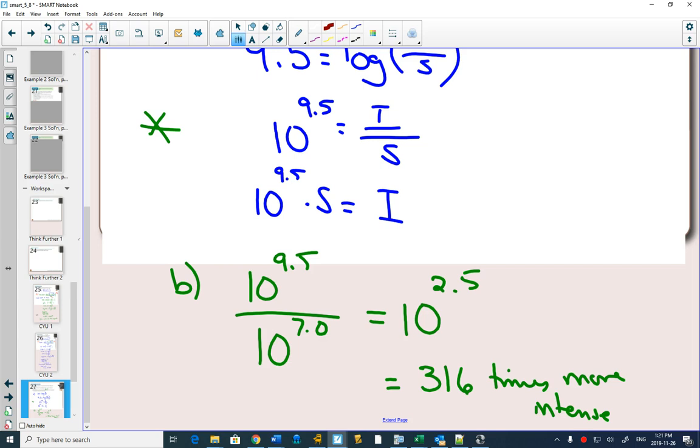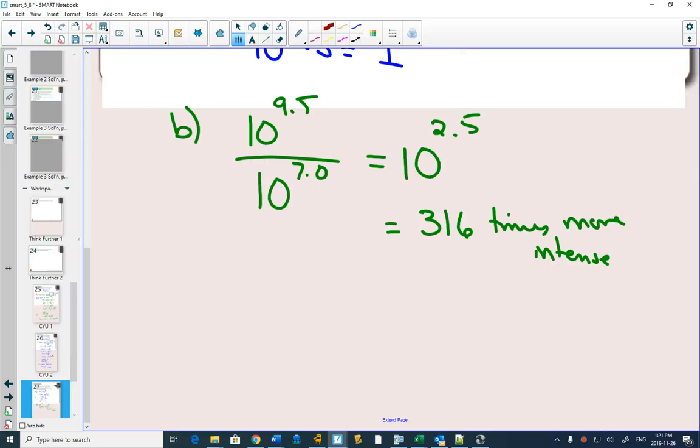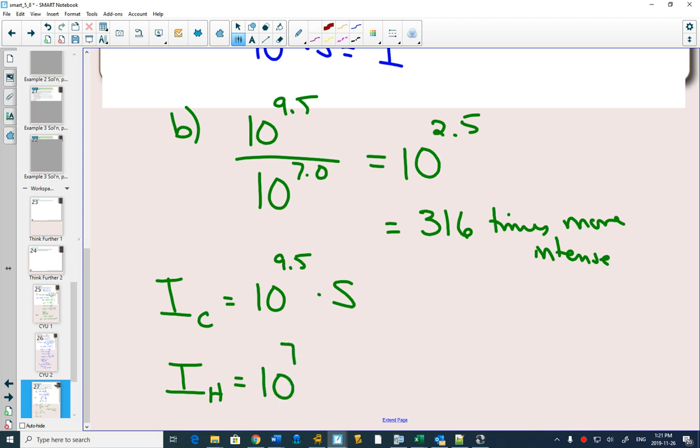Now, if you wanted to compare the intensities using the formulas, what you're really doing is, we found the intensity of Chile. I'm going to put a little C there to stand for Chile. We found that that one was 10 to the 9.5 times a standard earthquake. You could do the same thing for the Haiti one, and you would find it to be 10 to the 7.0 times a standard earthquake.